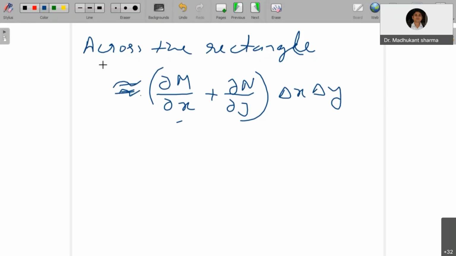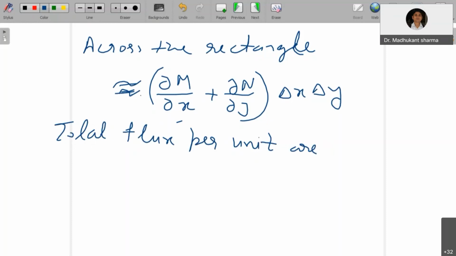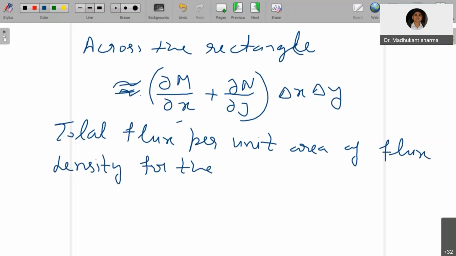If you are interested in per unit area, then the total flux density for the rectangle will be equal to the flux across the rectangle boundary divided by the area of the rectangle.